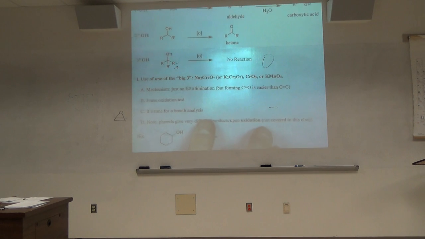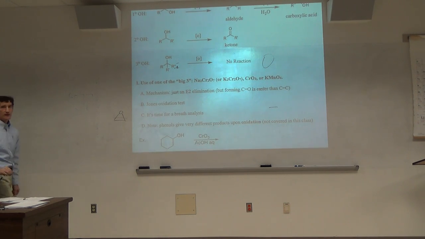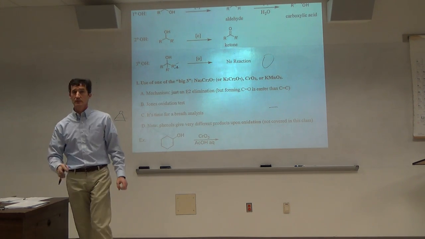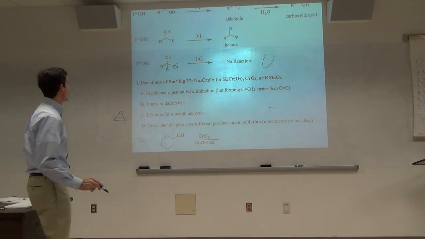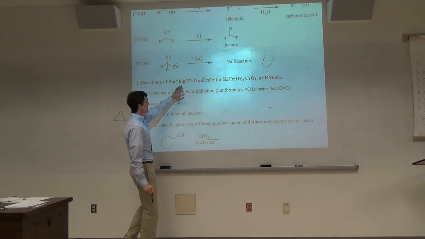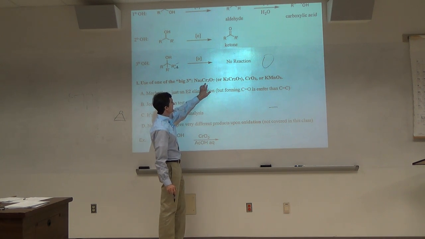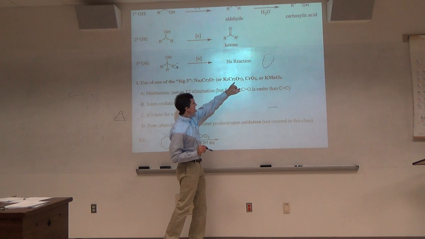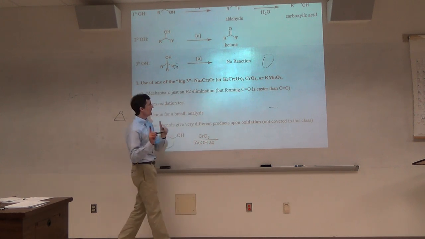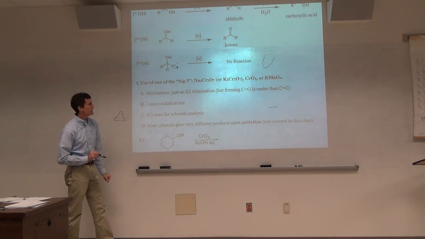What are common oxidizing agents? Usually they're recognized by having lots of oxygens in them. I will talk about the big 3. Dichromate, Cr2O7 2 minus, and that's 2 plus. You can either have sodium or potassium dichromate. That's one of the big 3, dichromate.